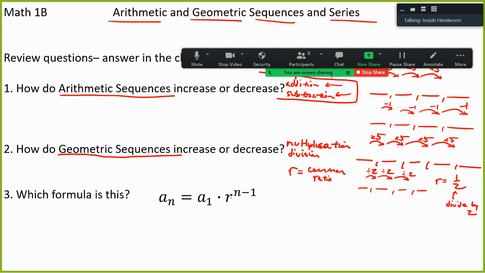If it has an R right here, that's the common ratio, and that means we're dealing with a geometric formula. Whether it's sequence or series, we know for sure it's geometric. If it has the R, that should be a clue that it's going to be one of the geometric ones. So this one is geometric sequence.